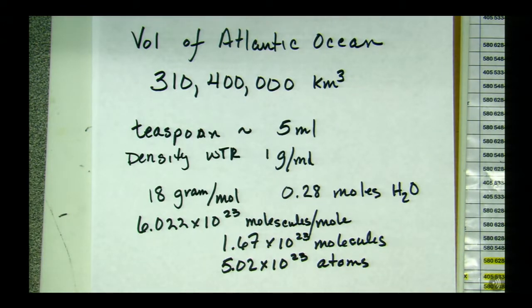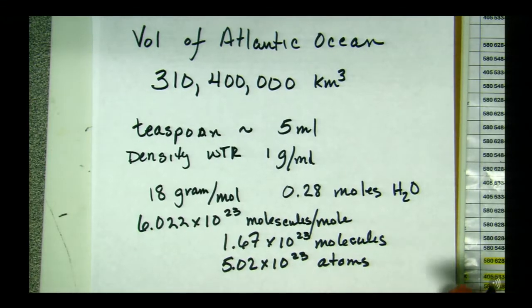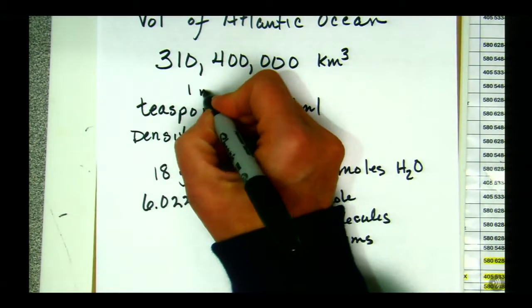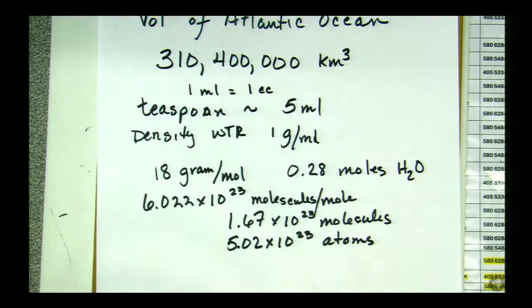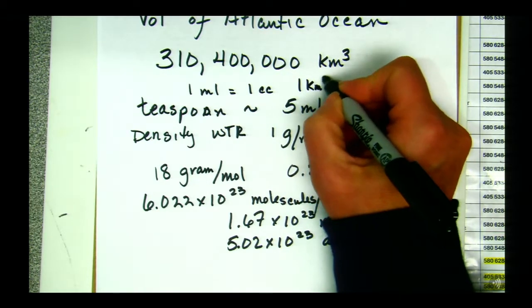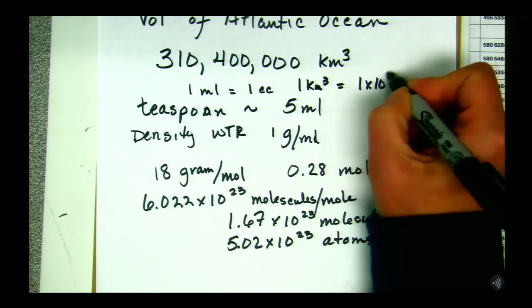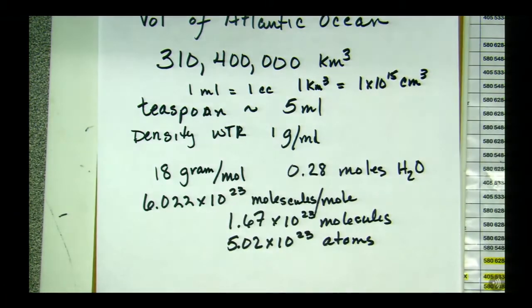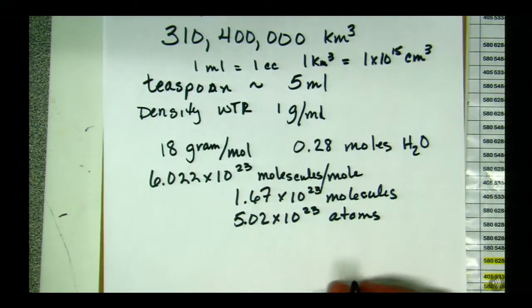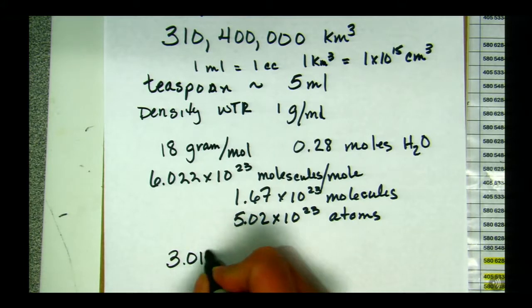Okay, so now I've got to deal with this. 1 milliliter is equal to 1 cubic centimeter. And 1 kilometer cubed is equal to 1 times 10 to the 15th centimeters cubed. So when I put this number in centimeters cubed, I get 3.014 times 10 to the 23rd centimeters cubed.